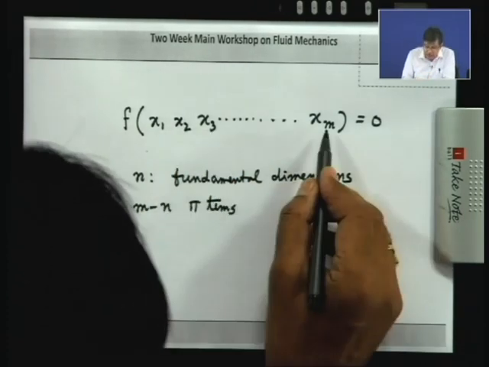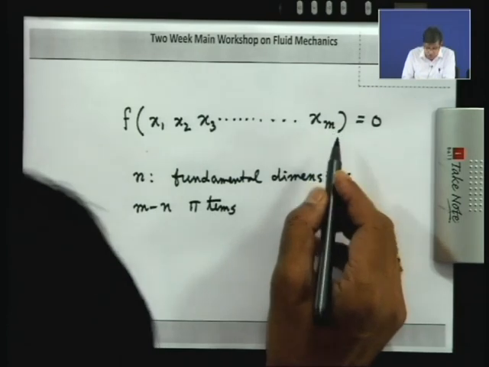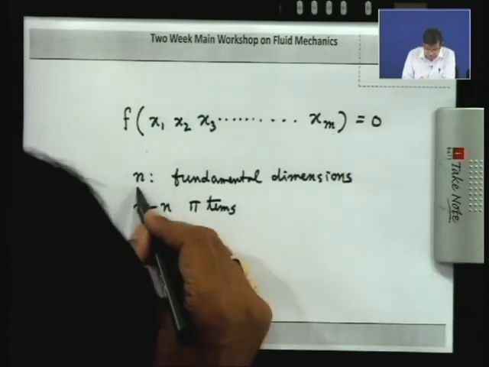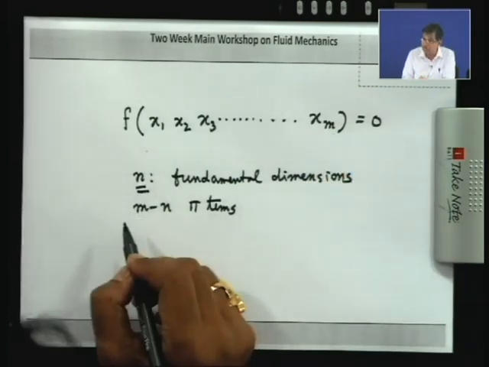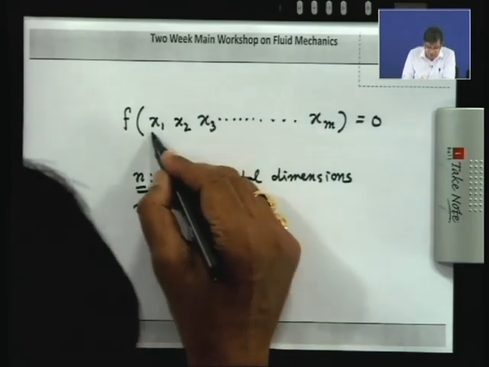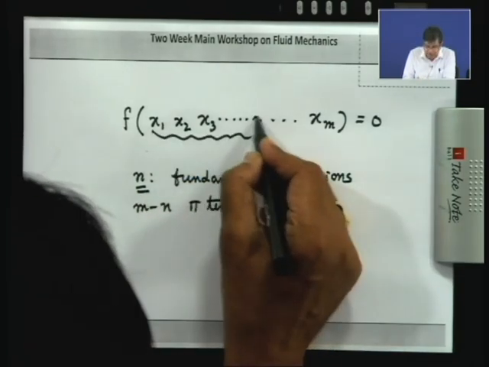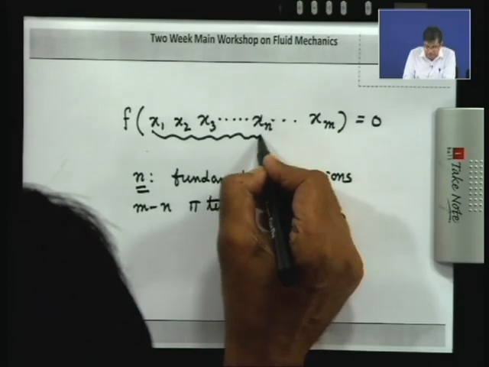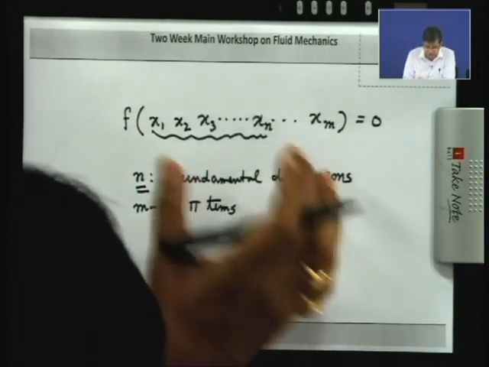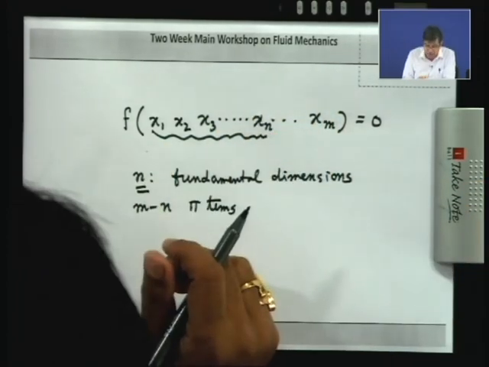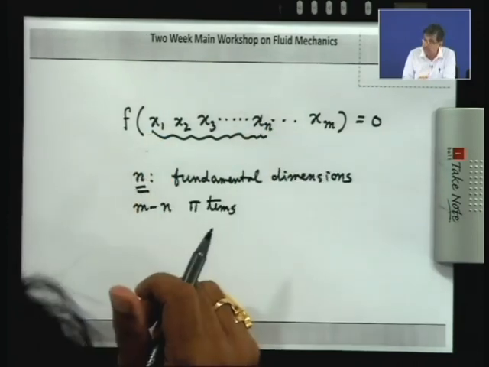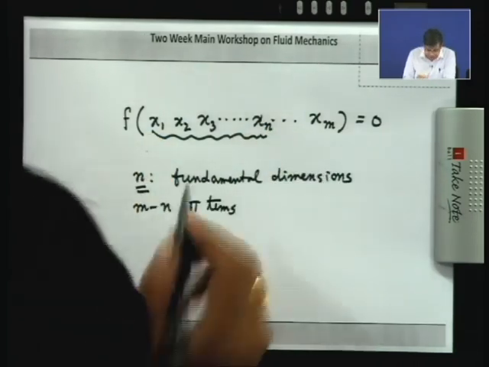Now, amongst these m variables, we choose any arbitrary n number of variables, where n is the number of fundamental dimensions. There is no restriction on which n variables we choose. And then what do we do?